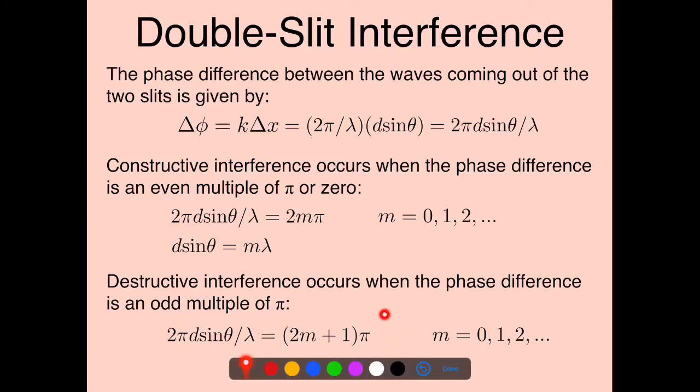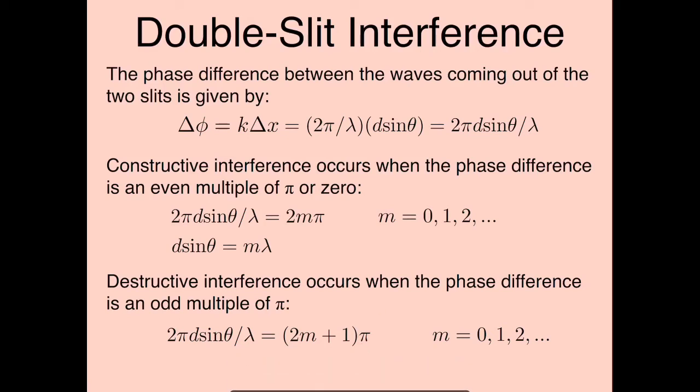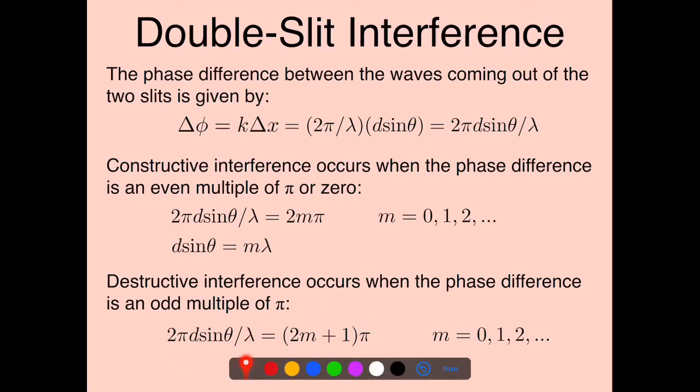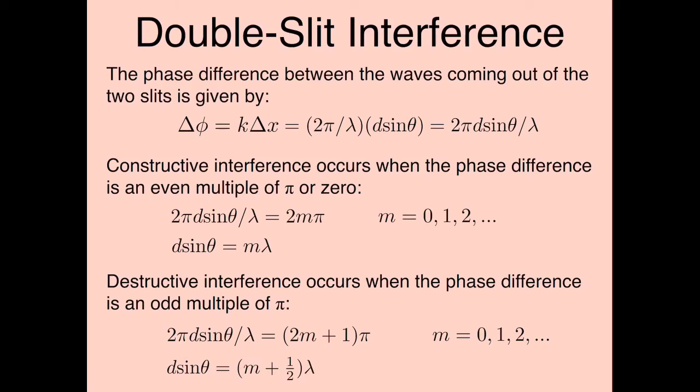And on the other side, we'll have an odd multiple of pi, which generally we can write as 2m plus 1 times pi, where again, m is just a number, which can be 0, 1, 2, 3, and so on. Just any integer, zero included. So just like before, cancel out the pi factors, divide out the factor of 2, move the lambda over here, and what we get is d sine theta is equal to m plus a half times lambda.